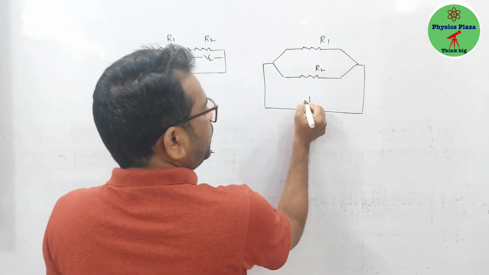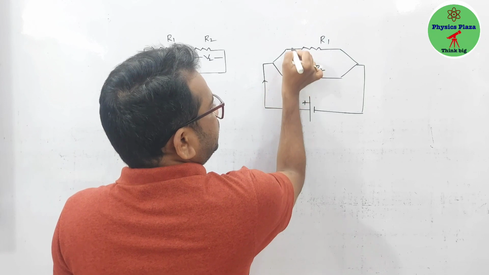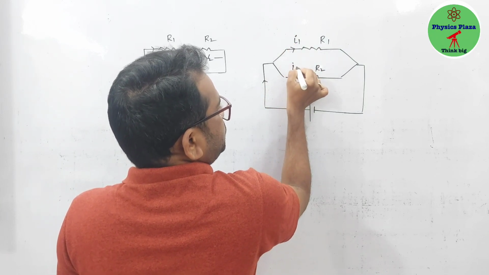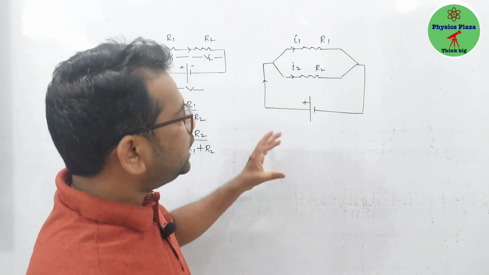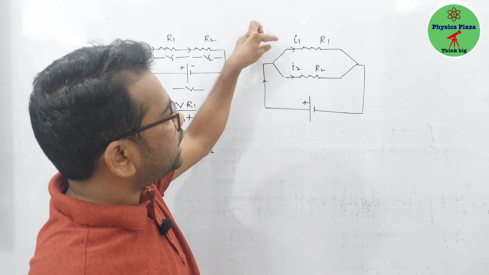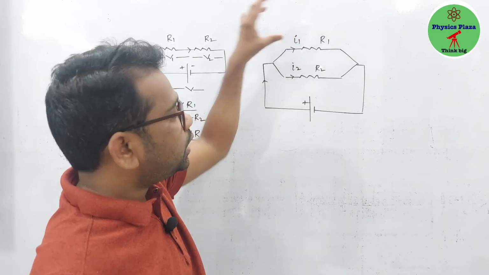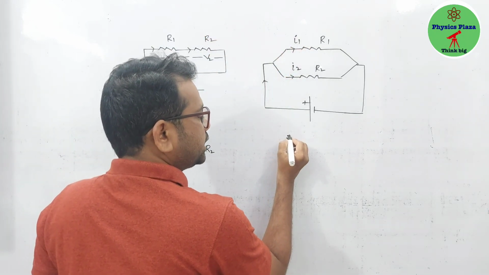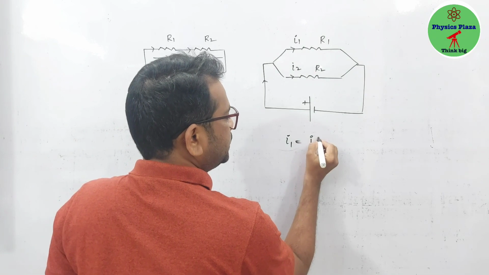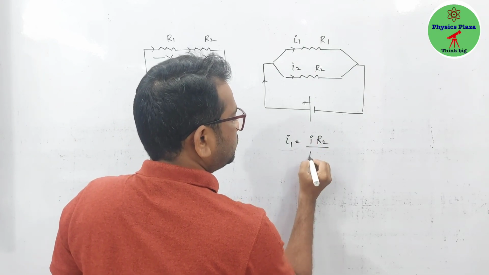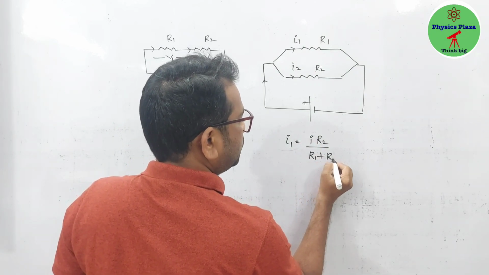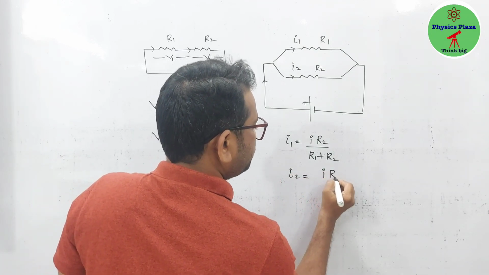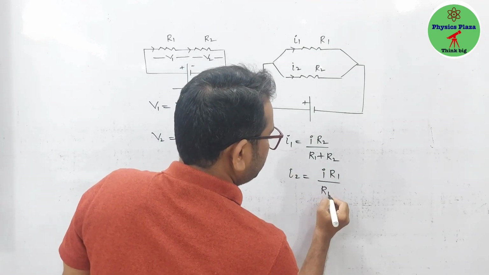But whatever current is flowing will get divided among the resistors. So how do we calculate the current in the branch R1 and the current I2 in the other branch? Here I1 is equal to I into R2 by R1 plus R2, and I2 is equal to I R1 by R1 plus R2.